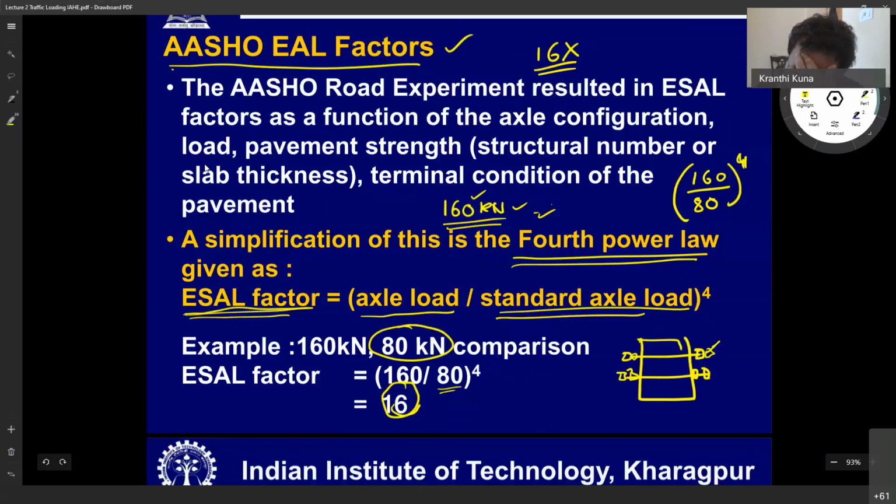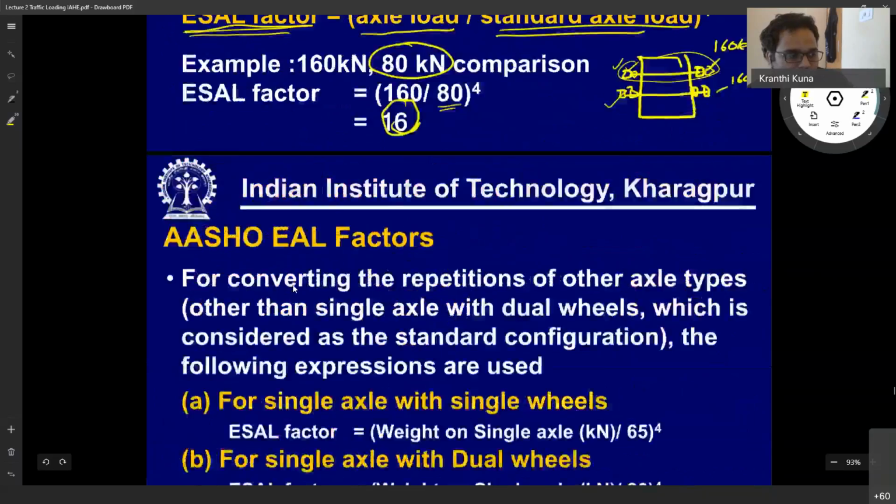Say this axle is 160 kilonewton and this is also 160 kilonewton. Then the damaging effect caused by this vehicle is the sum of these two. The concept is the same, but here we are talking about only a single axle and its relative effect. For a vehicle, because it has two axles, you have to sum up the effect of both axles. That is the vehicle damage factor.